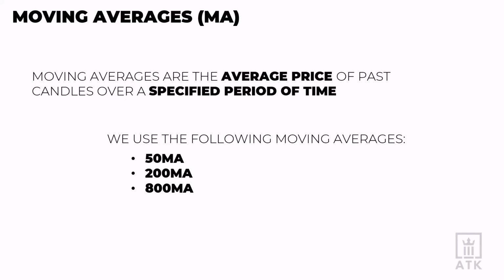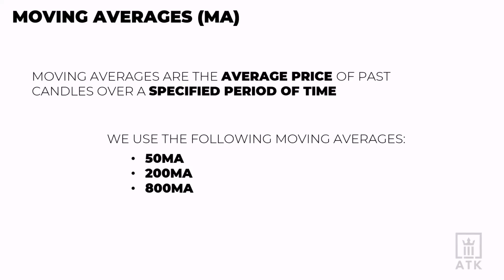All right, so I'm saying a lot. We use 3 moving averages in our strategy. We use the 50, and MA stands for moving average. So we use the 50 MA, 200 MA, and 800 MA. The 50 MA is an average price of the last 50 candles on any time frame.